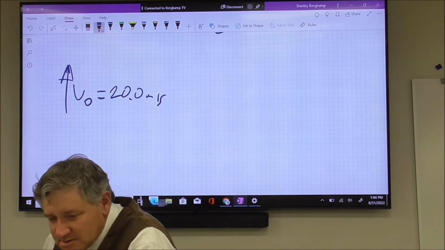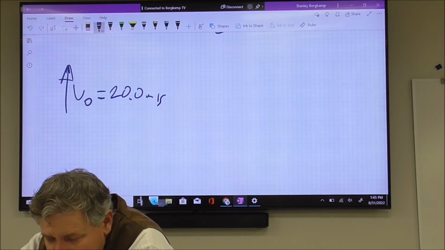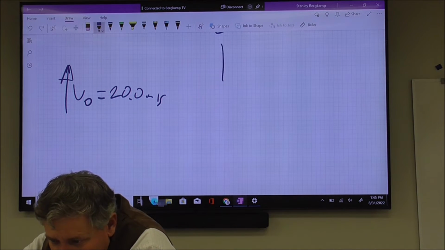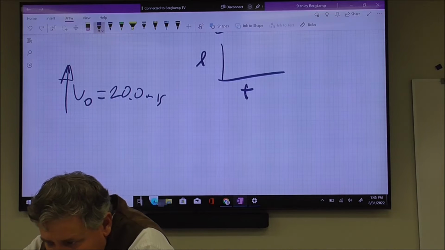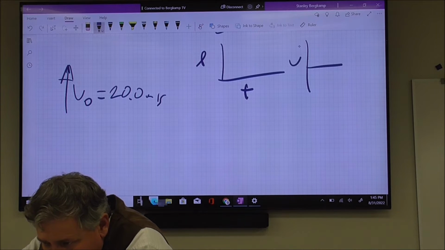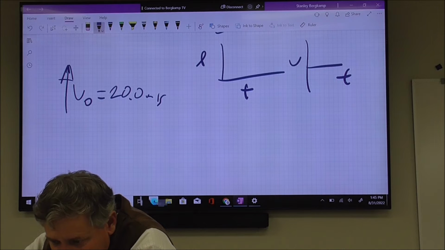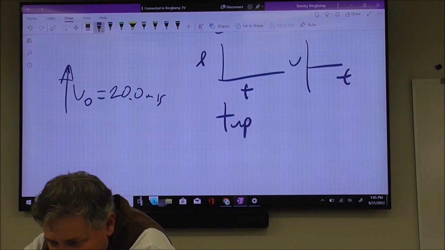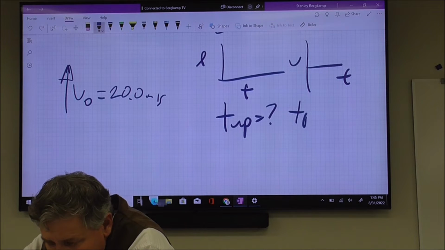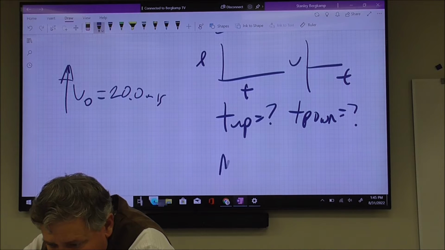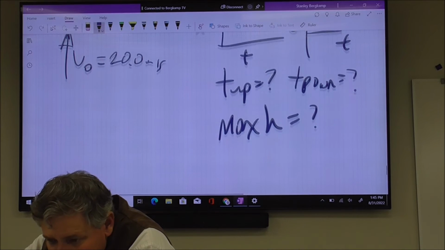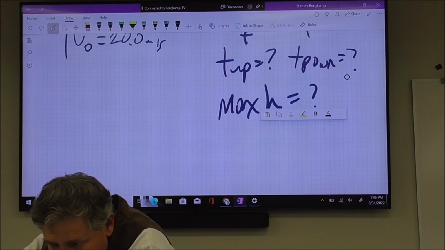So I want to find what my position time graph is going to look like, what my velocity time graph is going to look like. I want to find the time up. I want to find the time down. I want to find the maximum height. I want to find out how high it is 1 second into the flight.